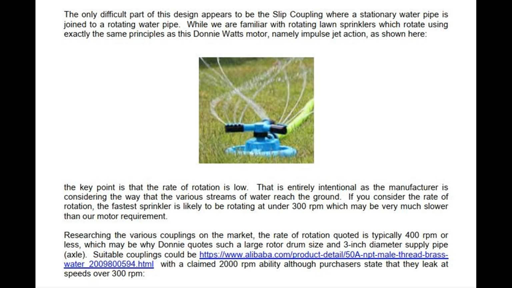Suitable couplings could be the one on Alibaba with a claim of 2000 RPM ability, although purchasers state that they leak at speeds over 300 RPM.